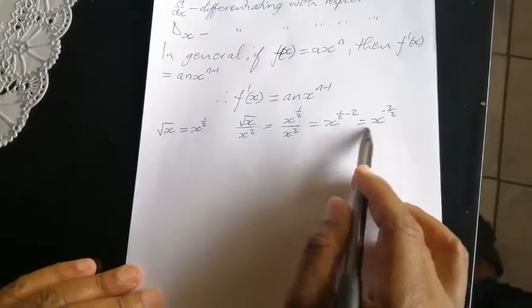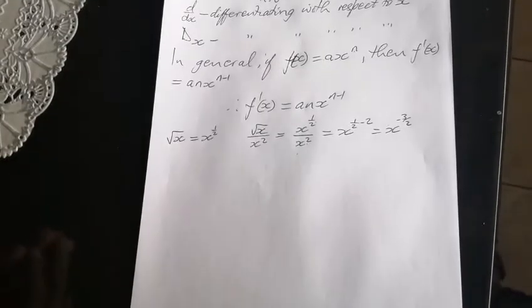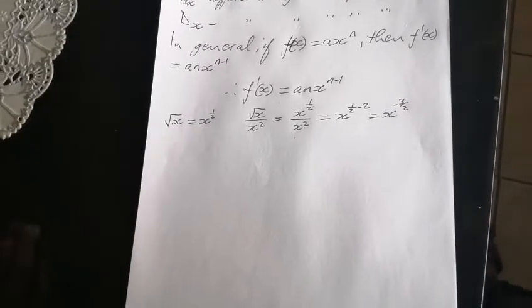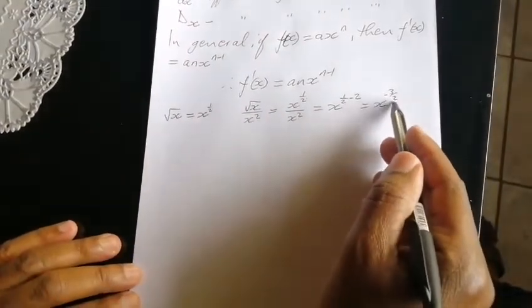So we can now differentiate this. And the rule does not change. When you are differentiating any term which has got x as a variable, the power of x comes down, multiply the coefficient of x, and the power of x is reduced by 1. In this case, you see it to be minus 3 over 2 minus 1 when we differentiate.